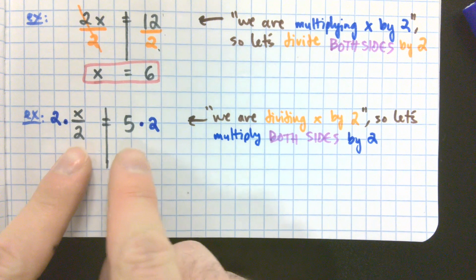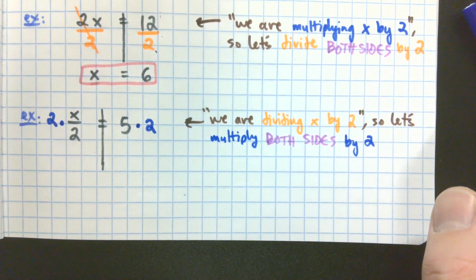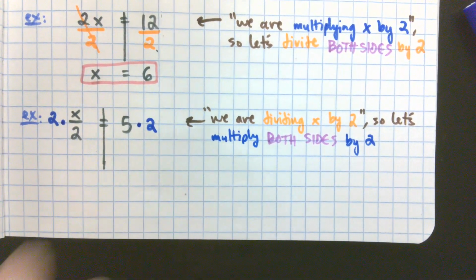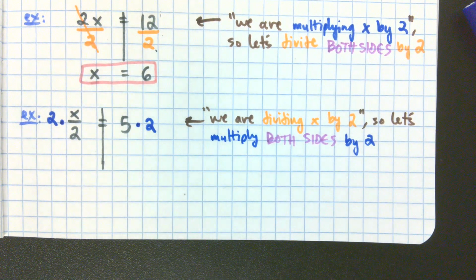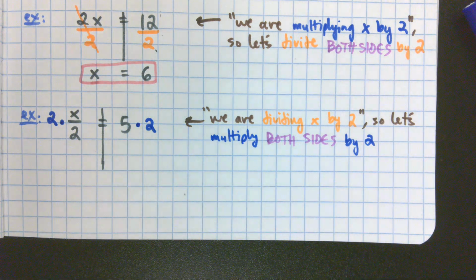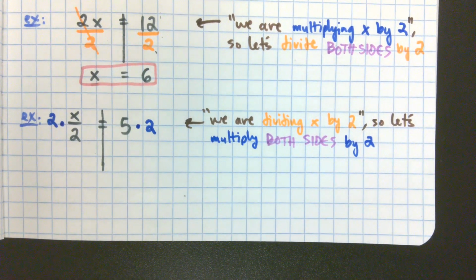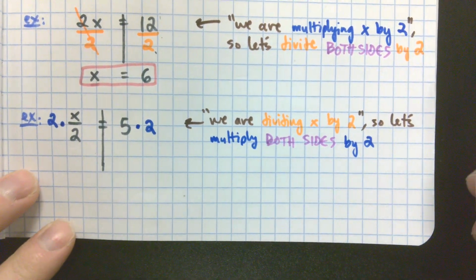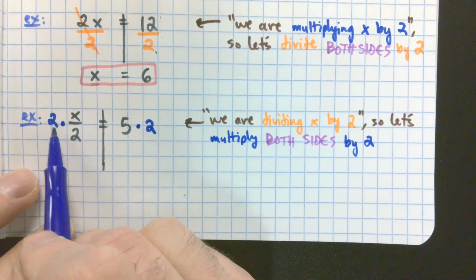So we're not writing it directly underneath, because we've got a fraction here and we want to cancel those 2's out. So we write it like that. Take a look. What happens with these 2's here?